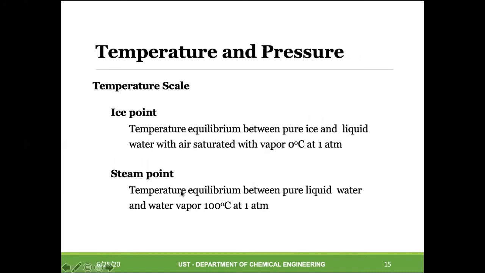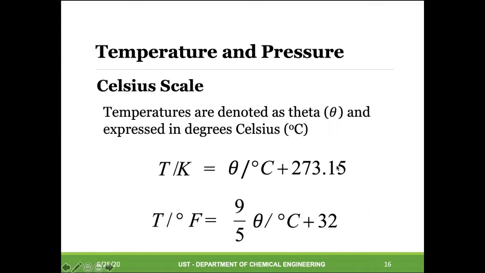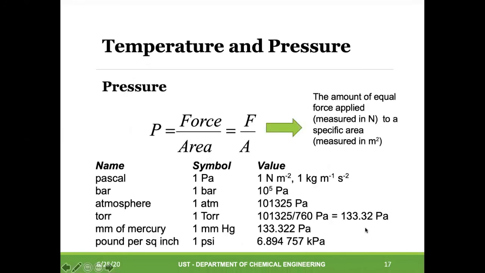The steam point is the temperature equilibrium between pure liquid water and water vapor at 100 degrees Celsius and 1 atmosphere. Take note, you also need to review conversion of temperature scales. Kelvin is Celsius plus 273.15. Fahrenheit is 1.8 or 9/5 times the temperature in degrees Celsius plus 32.